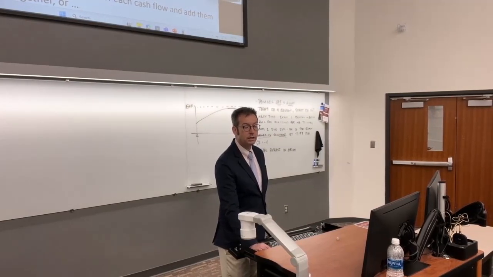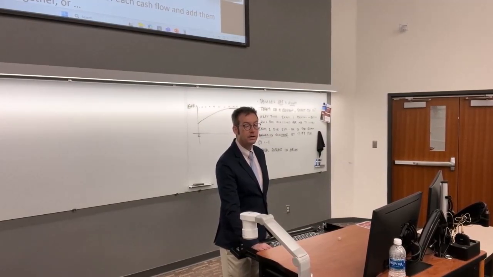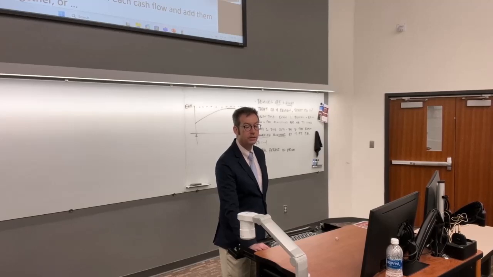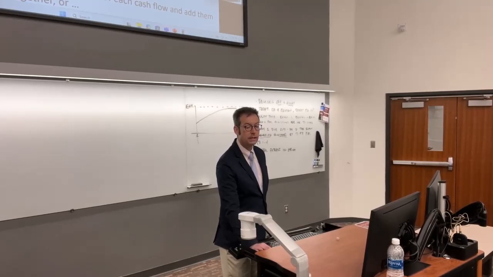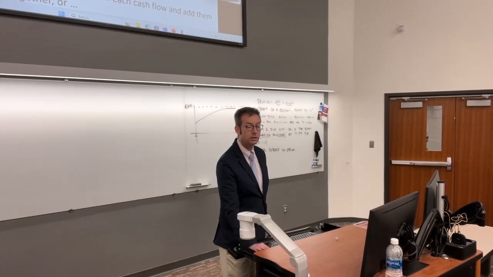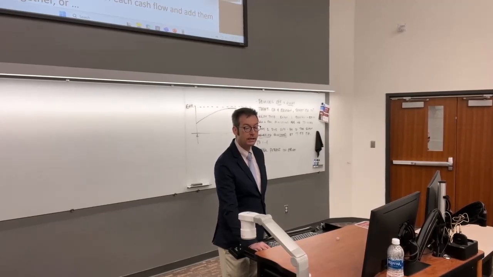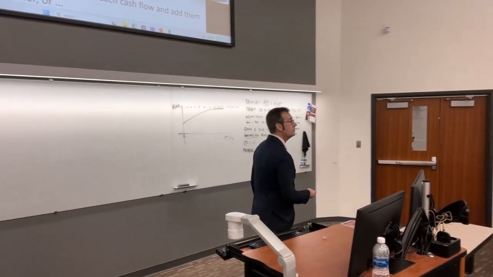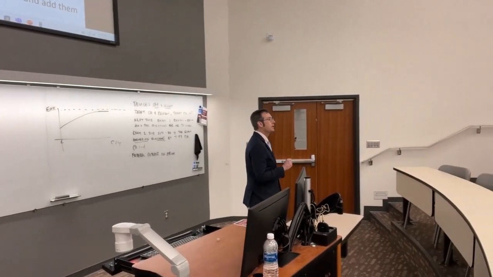I could put 2,500, and then I could just put F02 of 1, enter, arrow down. 2,500, enter, down, F02 is 1, and then C03 I could put in as 0, enter, and then I can put C04 in as 7,500, enter, and then I can hit NPV, arrow down, compute, and I get precisely the same answer. The answer is yes, you can. And for a problem like this, maybe that's fine.